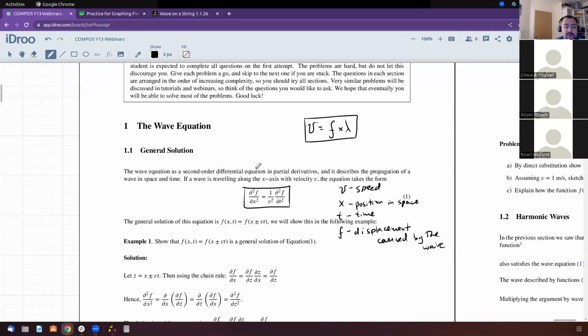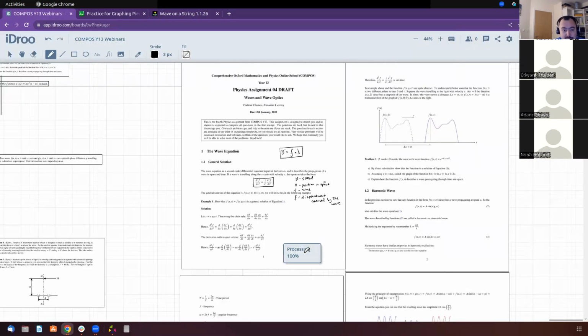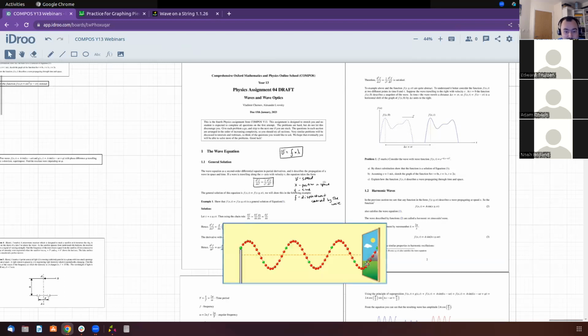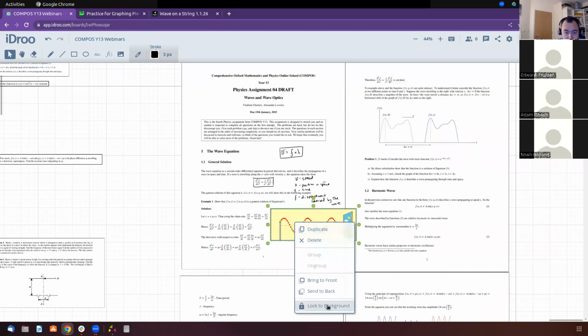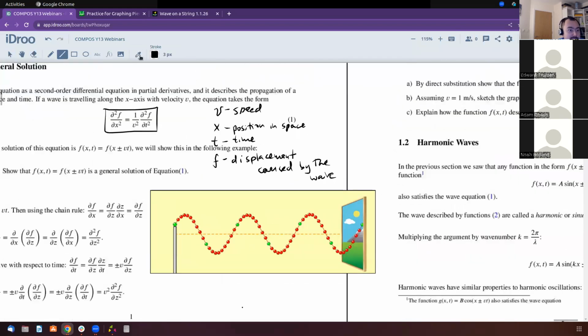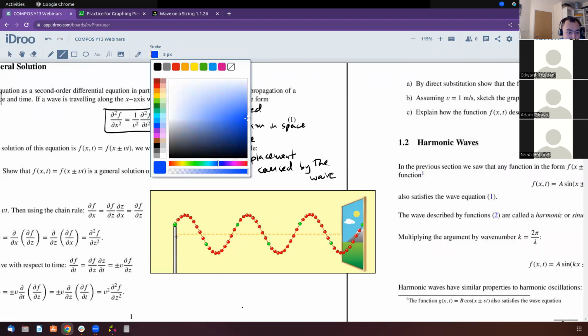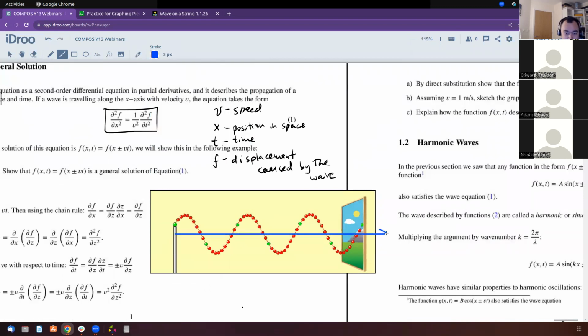All right, going back to this, just to make sense of it. How is it related? It's quite simple. This is the x-axis, and this is 0 on the x-axis. It doesn't have to be, but yes. f is the displacement. For example, for this point, f is 1 centimeter.